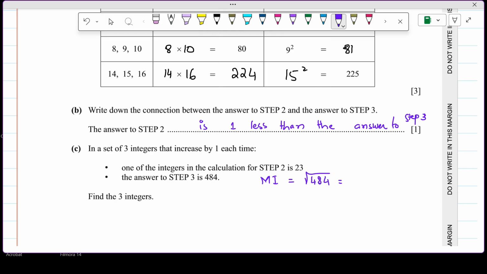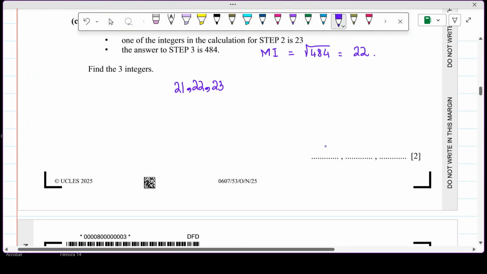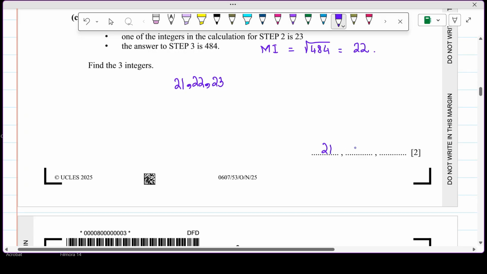The square root of 484 is 22. And it is given that one of the integers in step 2 is 23. So the middle one is 22 and the last one is 23. As there is an increment of 1, the first one will be 21.